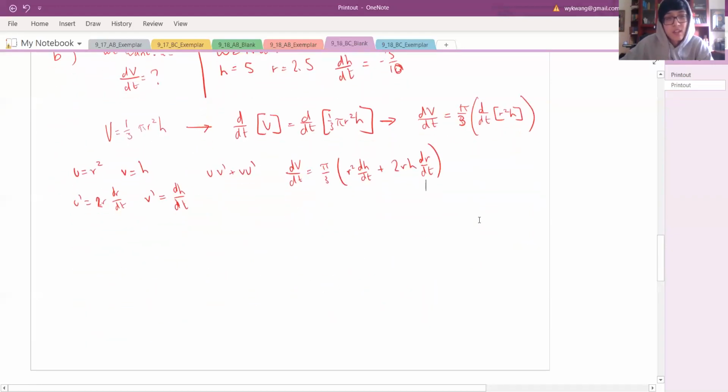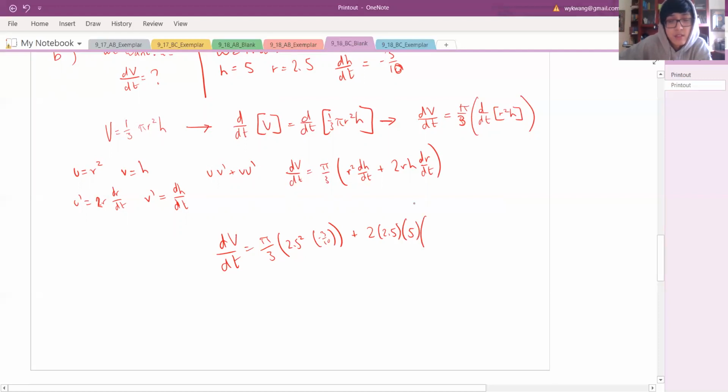So let's plug in and try to solve for dV over dt. dV over dt is equal to pi thirds times r is 2.5, 2.5 squared, times dh over dt is negative 3 over 10, plus 2 times 2.5 times h is 5.